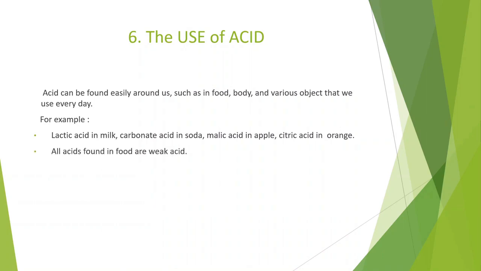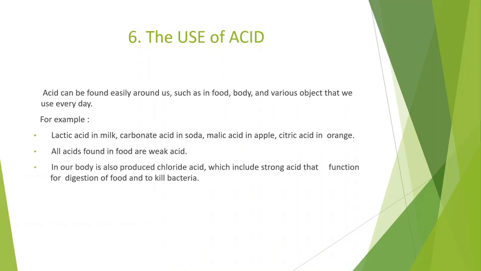All acids found in food are weak acids. In our body, hydrochloric acid is also produced, which is a strong acid that functions for digestion of food and to kill bacteria.